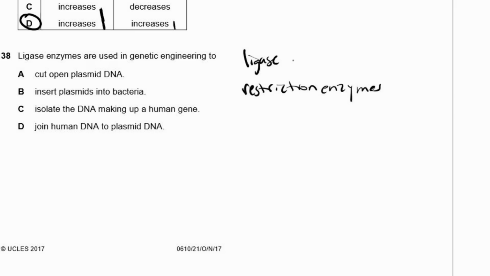Now, the restriction enzymes are basically the scissors. They cut the human gene and they cut the bacterial plasmid. So cutting open the plasmid DNA, that's the restriction enzyme. And isolating the DNA making up a human gene, again, that's the same restriction enzyme.